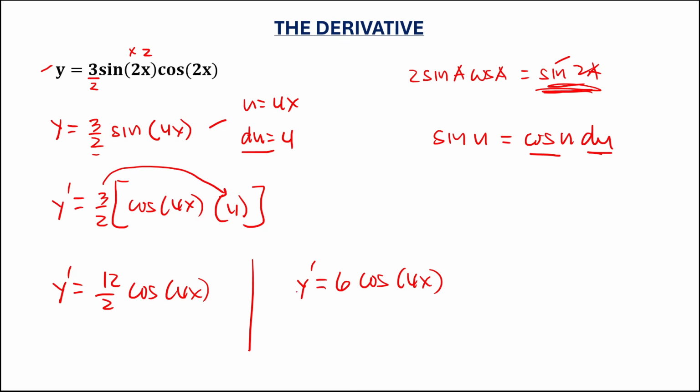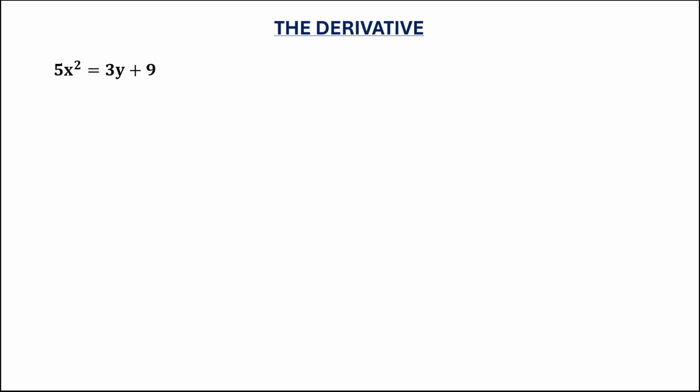Then for this given, to evaluate the derivative, we need to derive by terms. But take note that for every derivative of y, there is always a y prime. So if we have negative 2y, to find the derivative, this is negative 2y prime. Then if we have y to the power 3, to find the derivative, again multiply, this becomes 3y, minus 1 for the exponent, to the power 2, and again there is always a y prime for every derivative of y.